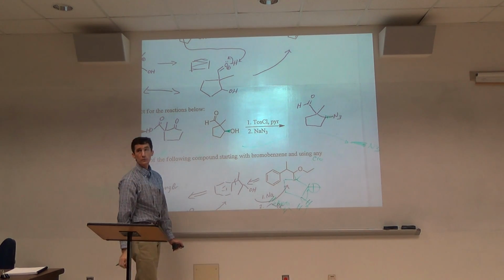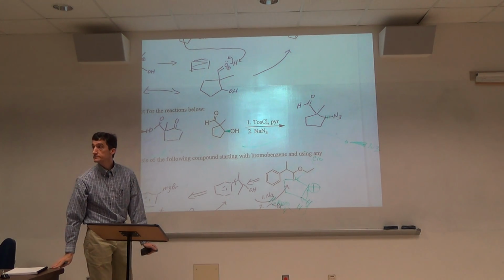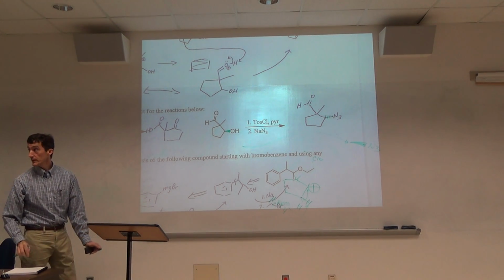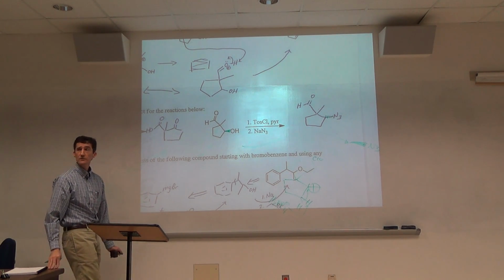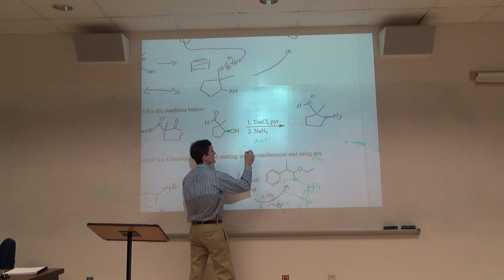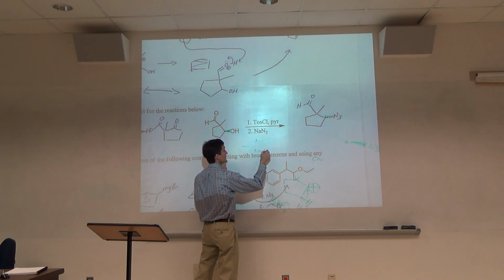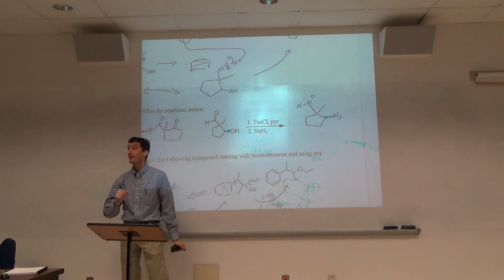What if you wanted the bold over there? Tosyl chloride? Okay, well, tosyl chloride and then what? And then NaN3? So you're saying you do the same thing, you get the other one?